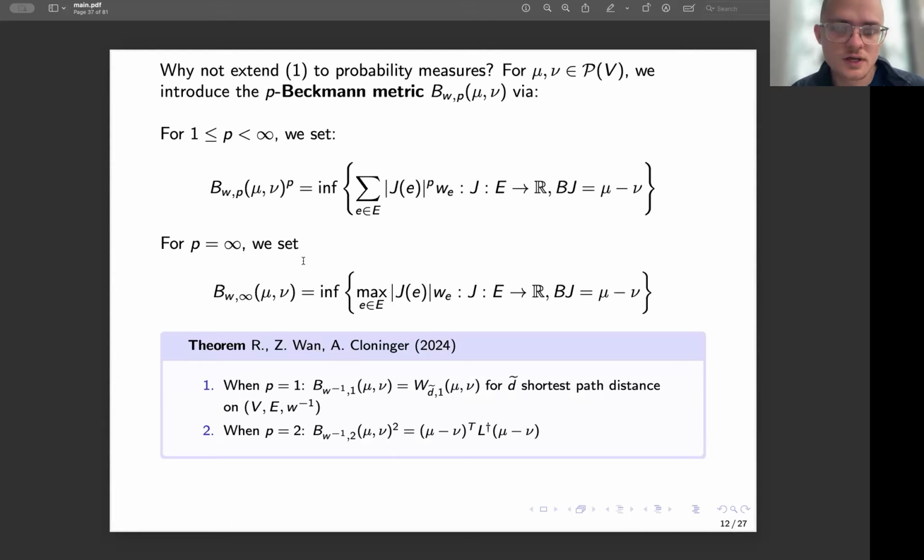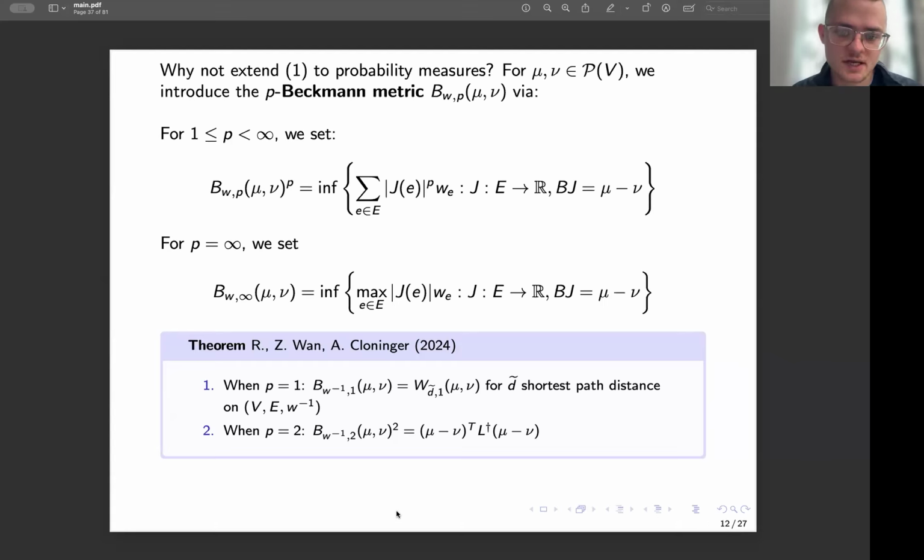In particular, when p is equal to 1, the Beckmann metric with reciprocals of the weights recovers the Wasserstein metric with the shortest path distance on the reciprocally weighted graph. And similarly, when p is equal to 2, in order to recover the true pseudo-inverse of the regular weighted graph, you need to weight the quadratic penalty in the Beckmann problem with the reciprocals of the weight. So there's some caution that needs to be exercised with the role that the weights play in the optimization problems. However, we do see a nice interpolation, let's say, of Wasserstein distance and effective resistance on the probability simplex.